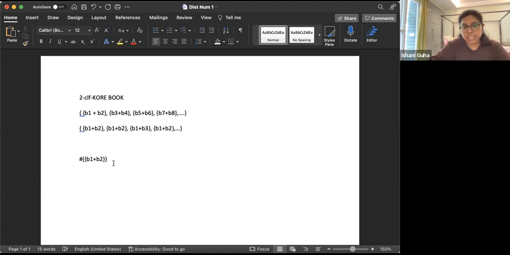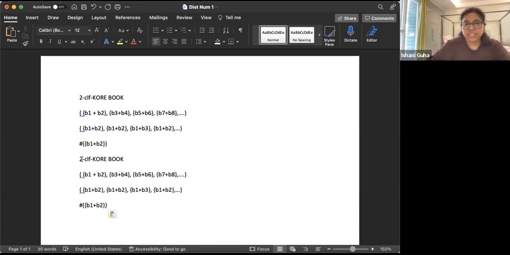Let's see the difference again from 1. So this is ekta kore boi, the numeral 1. Here, all it would change is the cardinality of each set of books in the witness set, right?